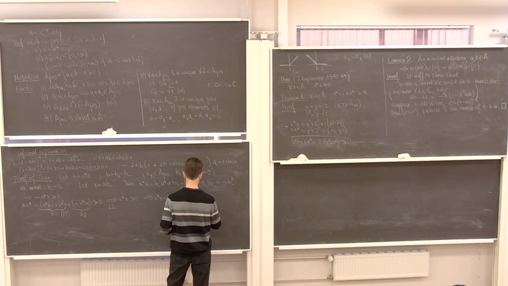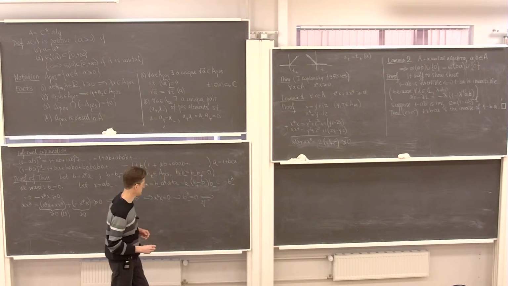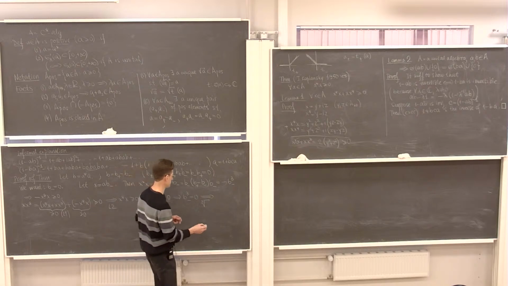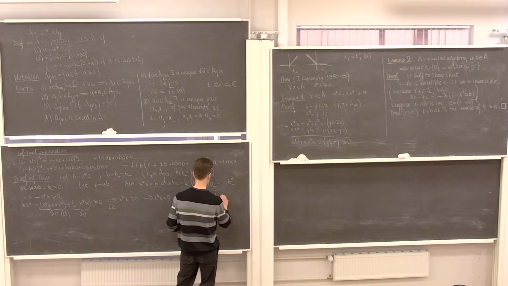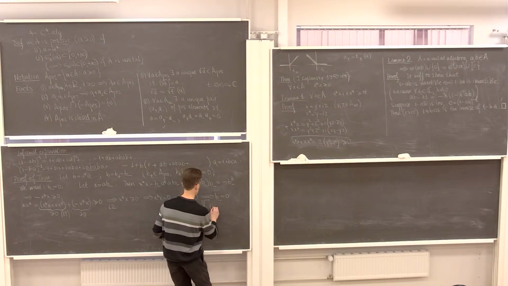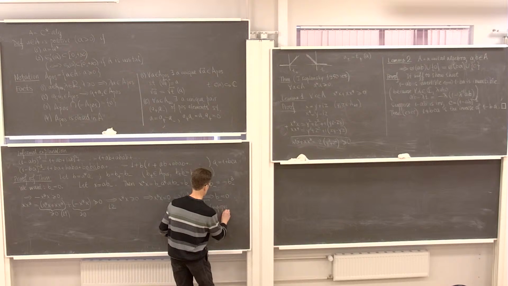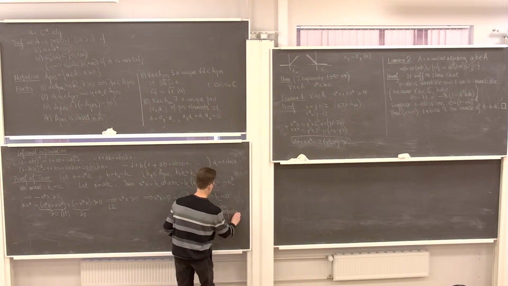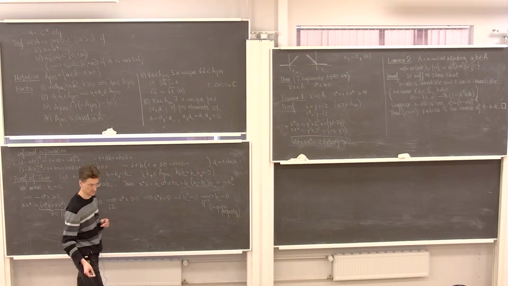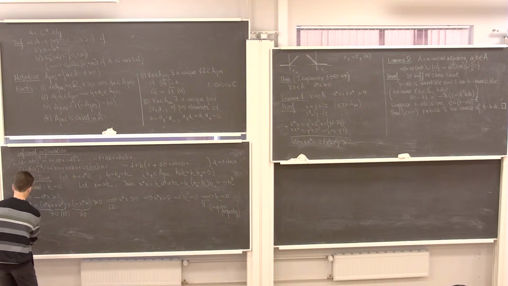Finally, we take the cubic root, apply this root, and we get that B minus is 0, just by the superposition property. Let's recall that the superposition property for the functional calculus tells us that the following formula is true.